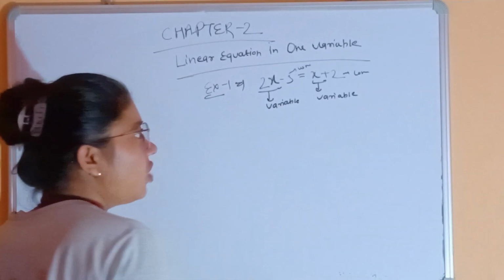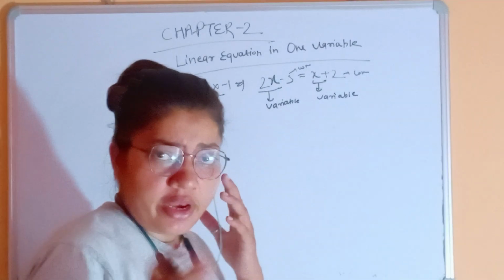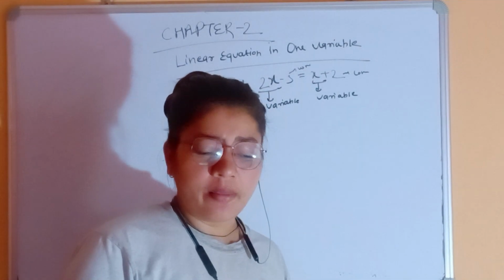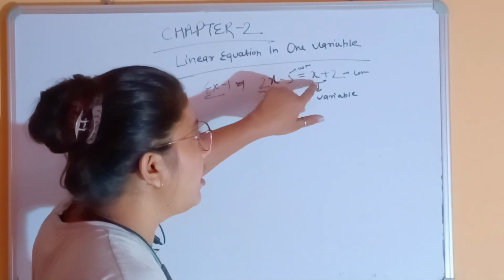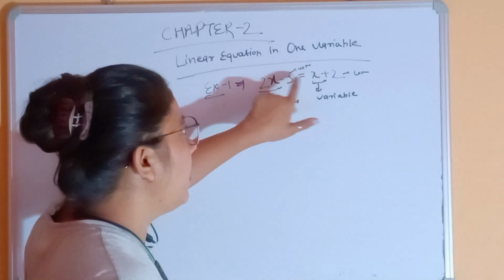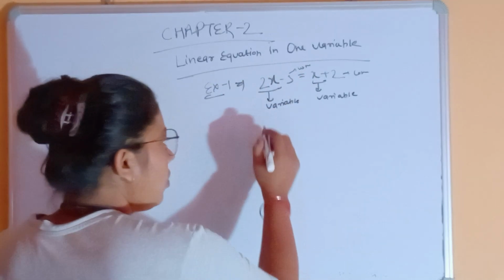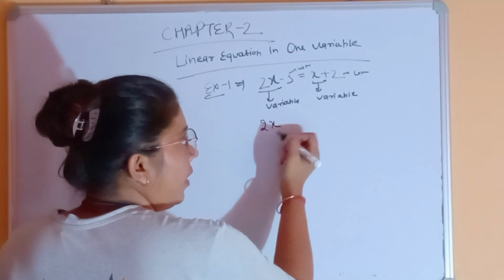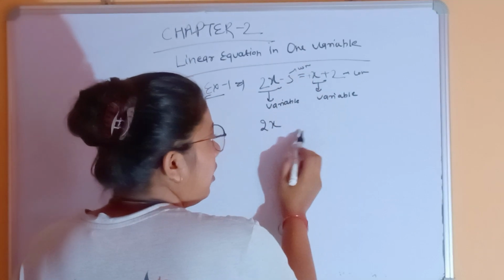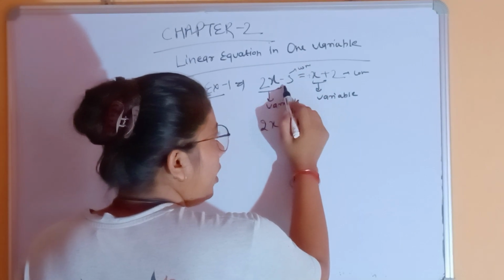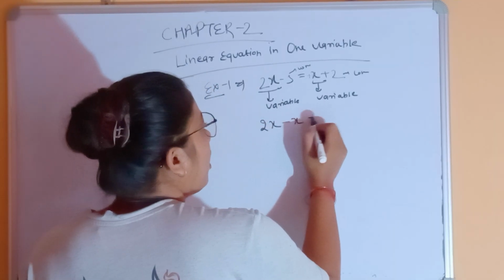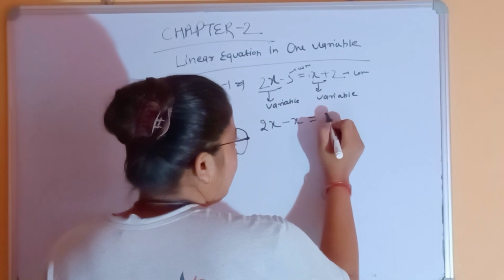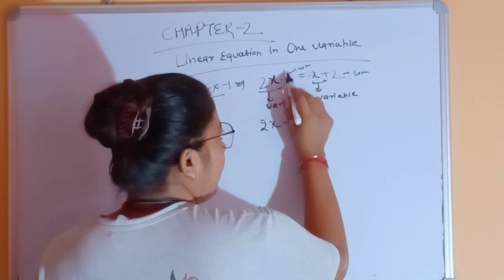How do we solve here? First we put the variables on one side and the constants on the other side. The variable terms together: 2x, and when x is taken to the left, the sign changes, so minus x. The constants on one side: 2 is here, minus 3.